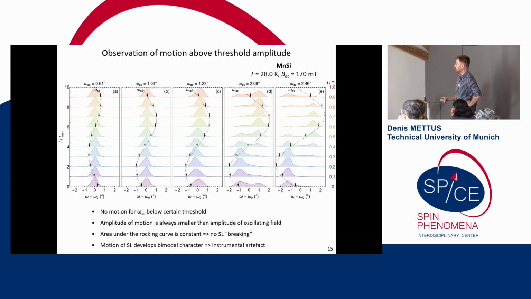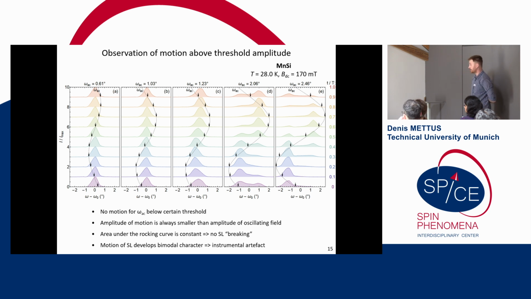And this is the rocking peaks moving, trying to follow the field, which is shown by the dashed line. So you see again, at some field values, you apply an AC field, but the rocking peak doesn't want to move until you reach some critical value of AC field. And this is the amplitude of the AC field tilting in terms of degrees.